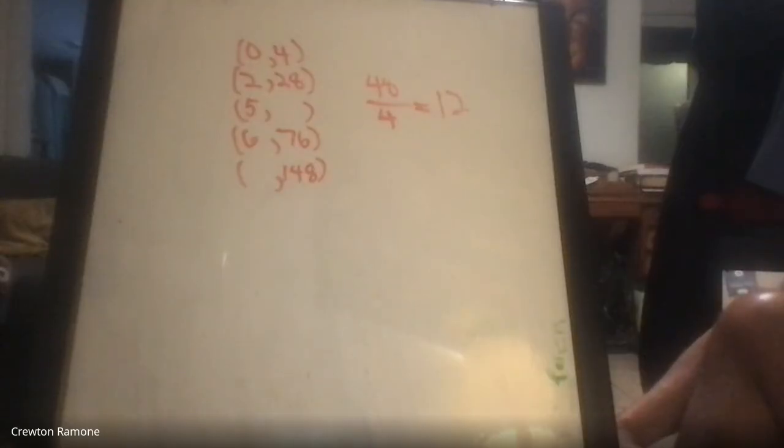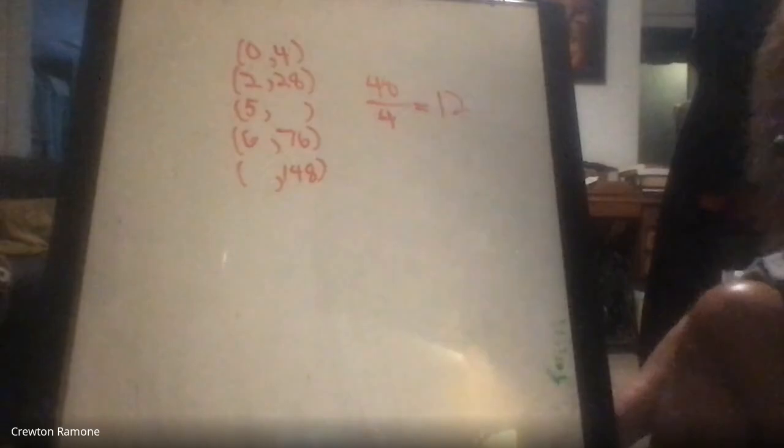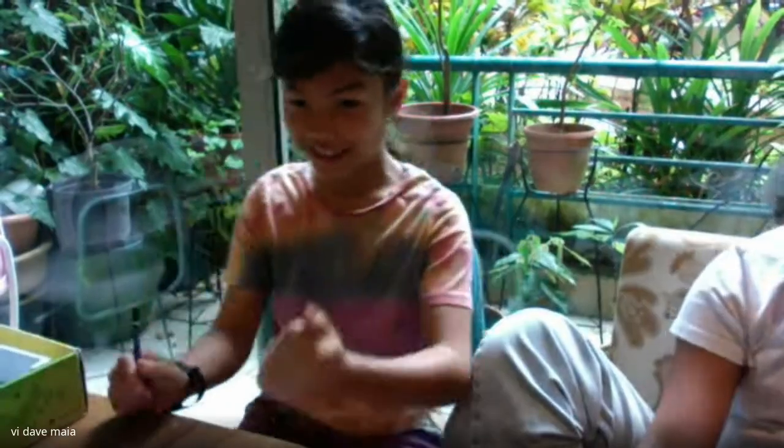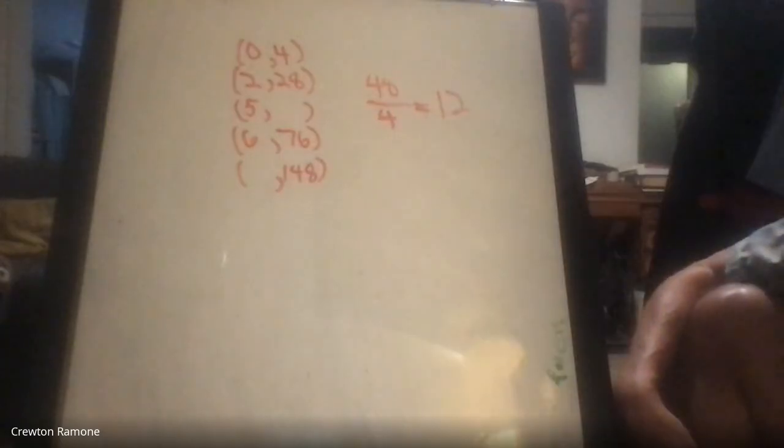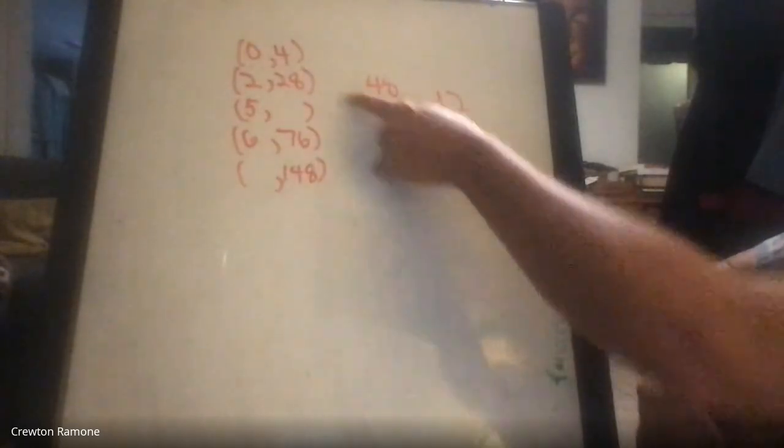Because 12 times 2 is 24, and 28 minus 24 is 4. There you go. And what's 6 times 12? 72 is the right answer. But it's 76, so it has to be 4.